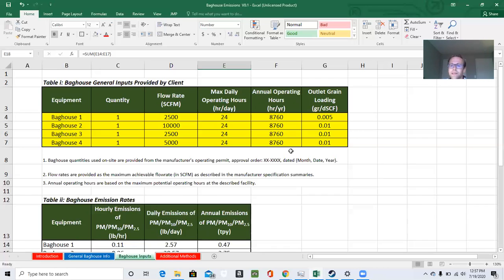But if we base it on this outlet grain loading, and if we base it on the maximum operating hours in a year, then we can change our operations. We can add more. If we normally work, let's say, 6,000 hours per year, well, we've already got a permit to run for 8,760.